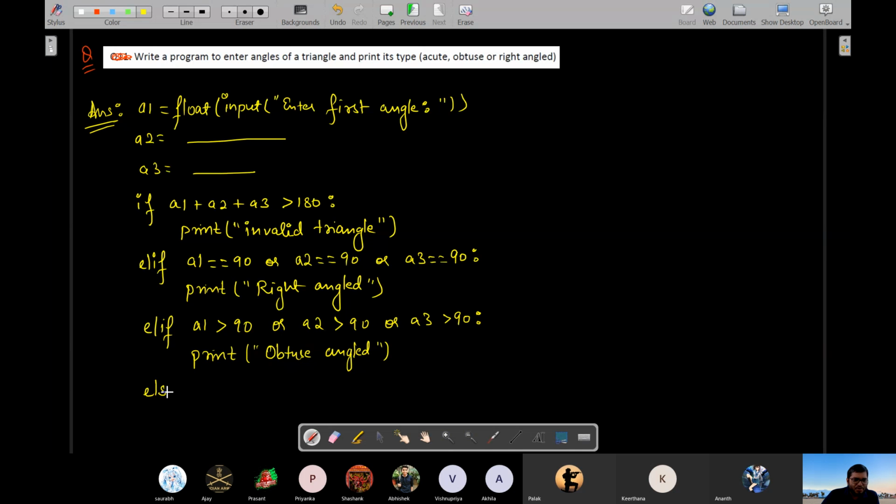Acute. So we'll write only else, because it is but obvious that if none of the above cases apply, then the only possibility remaining here is acute angle triangle.